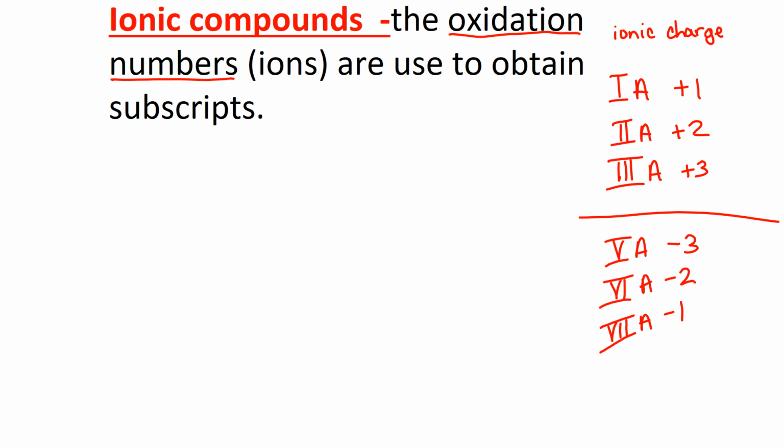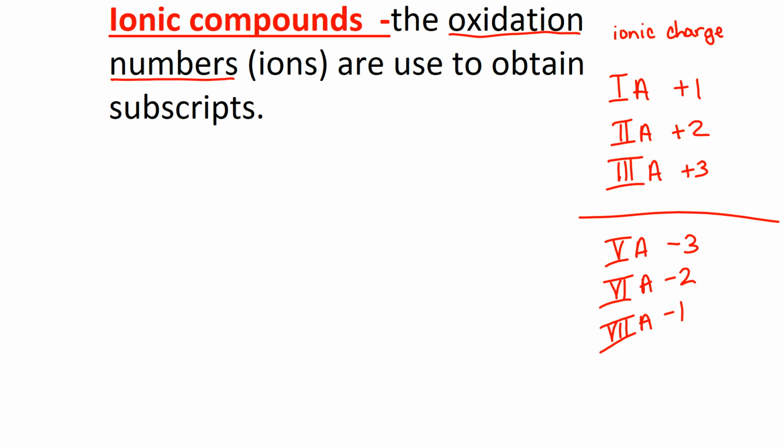Typically, the carbon family doesn't really form ions unless you're talking about Sn and Pb, and they're going to be treated like a transition metal if they have more than one charge. So I use just these when I'm talking about oxidation numbers that are known. These are kind of permanently assigned.